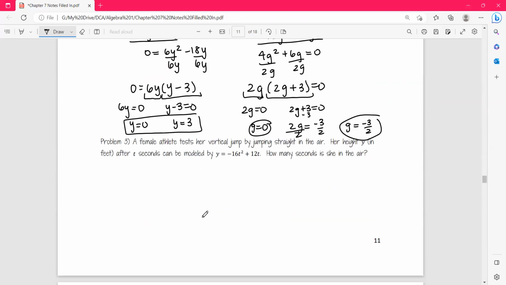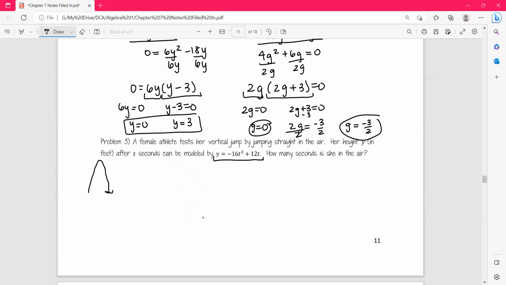And I've got one more problem here we're going to check out. It says a female athlete tests her vertical jump by jumping straight in the air. Her height y in feet after t seconds can be modeled by this equation. How many seconds is she in the air? So if we want to think about this, she's jumping up and she's coming back down. The y value is her height in feet after t seconds.